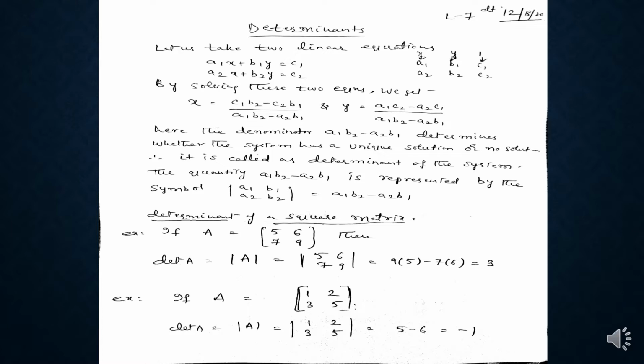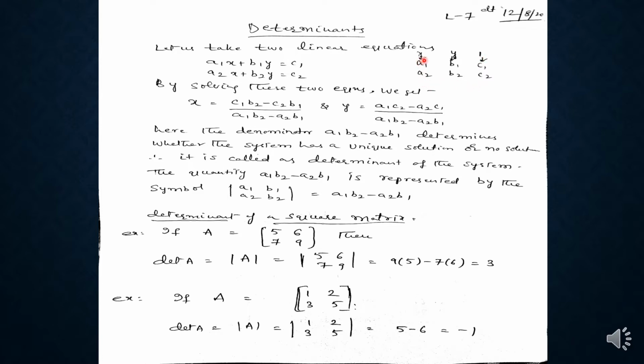So in the earlier classes, we learned this by taking x coefficients, y coefficients. These are the x coefficients a1, a2, y coefficients b1, b2, and the constants c1, c2.